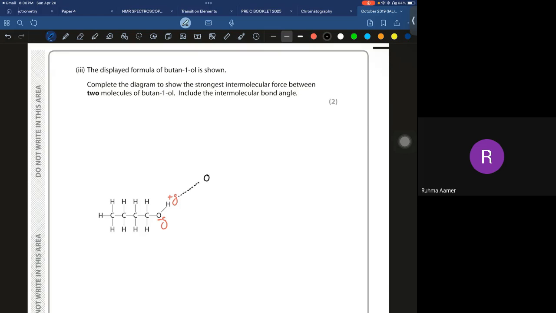This is oxygen, H, going to have a lone pair of electrons and it's connected to this. So what are we making? Hydrogen bonding basically, the strongest intermolecular force. We could also have a nitrogen or a fluorine there, but they are saying this structure we have right now. That's why partial positive, partial negative.